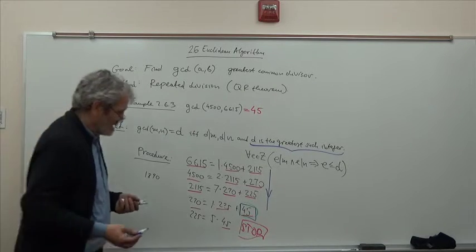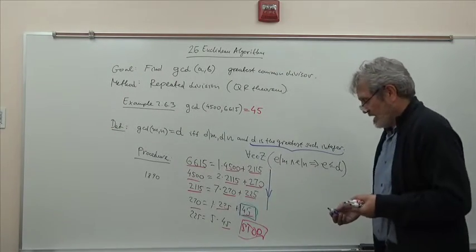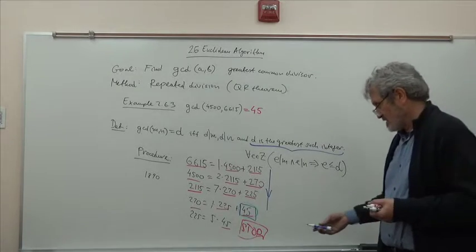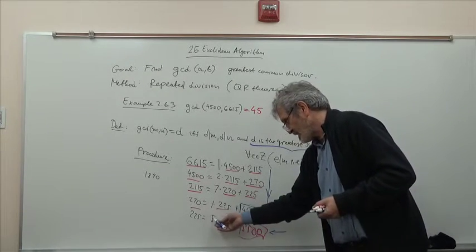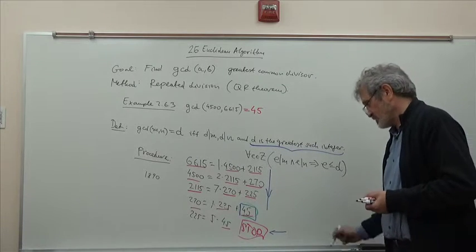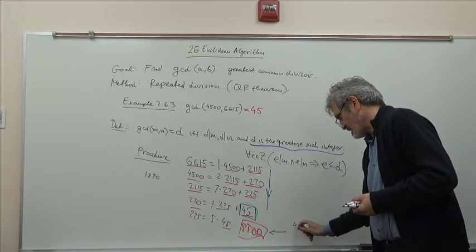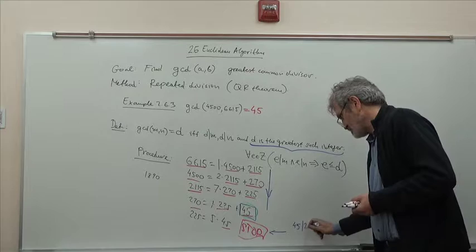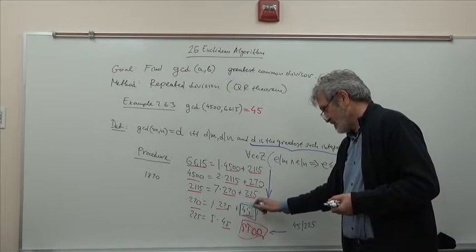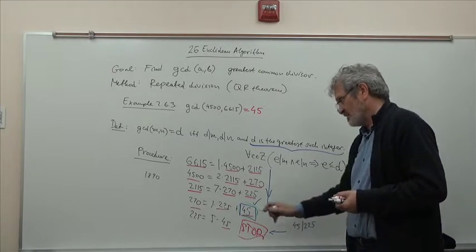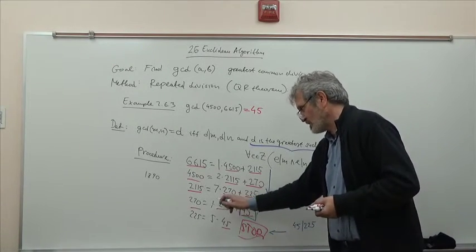Generally, again, the proof can go by induction, but I can illustrate it here. Look at the last line. 225 equals 5 times 45. So 45 divides into 225. Now you go to the next line. 45 divides into itself and divides into 225.